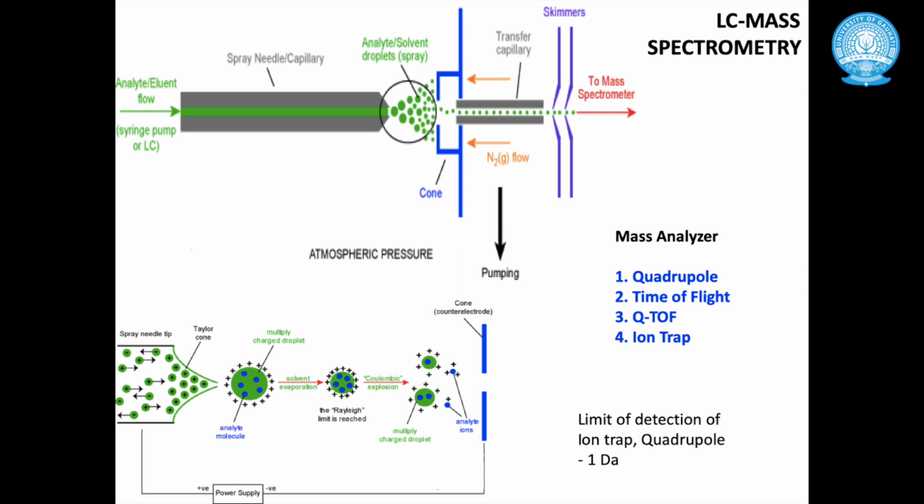On the top left panel, there is one green text which says analyte or eluent flow. This eluent or analyte is coming from the LC, and the LC gives out around 20% of the eluent, which is ready to enter the mass spectrometry instrument.